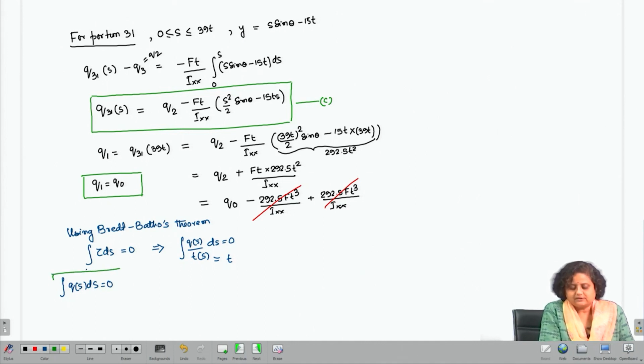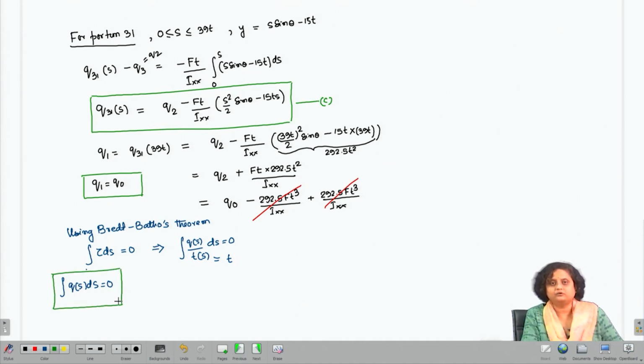This is the case only when the shear force is passing through the shear center, and therefore there is no torsion in the cross section, and because there is no torsion, theta is equal to 0.